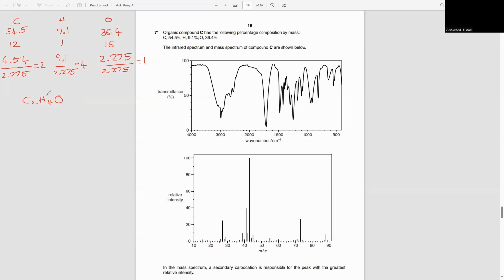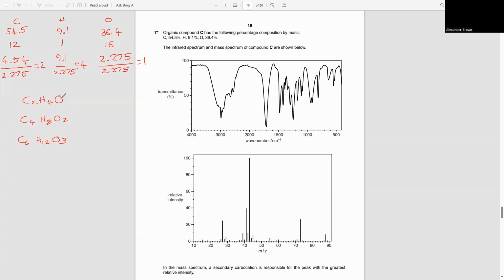Now, remember, the empirical formula is the simplest ratio between the atoms in our compound. It is not always equal to the molecular formula, which is the actual ratio between the atoms in our compound. The molecular formula can either be equal to the empirical formula, or equal to some multiple of it. So it could be C2H4O, or C4H8O2, or even C6H12O3, or any other multiple of C2H4O.